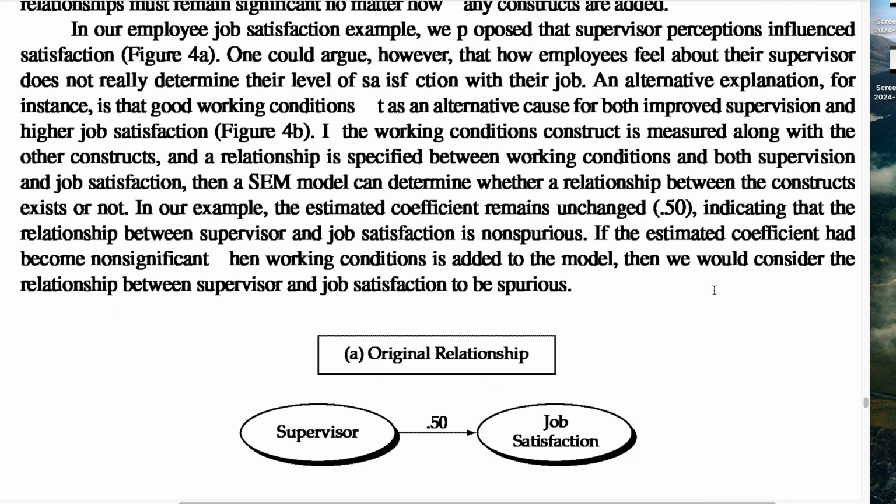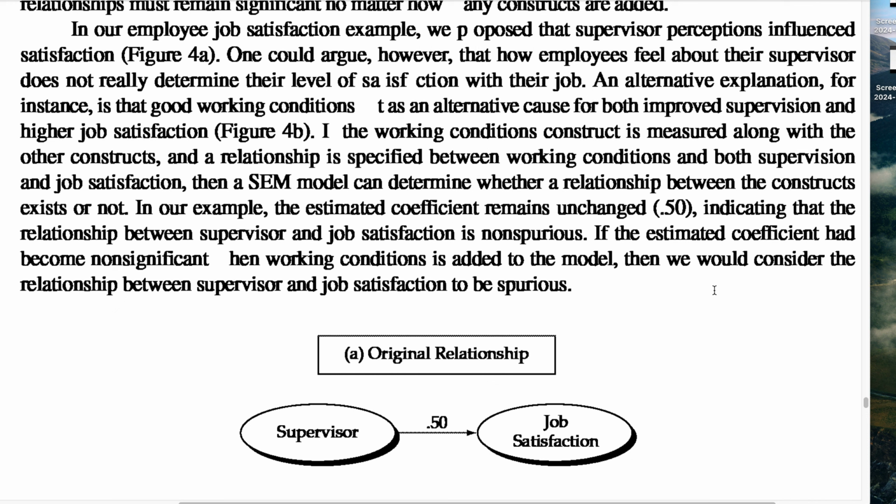An alternative explanation, for instance, is that good working conditions are an alternative cause of both improved supervision and higher job satisfaction. In Figure 4b, first the working condition construct is measured along with the other constructs, and the relationship is specified between working condition and both supervisor and job satisfaction.